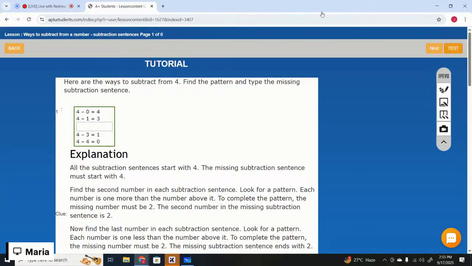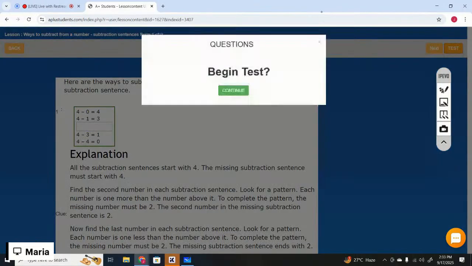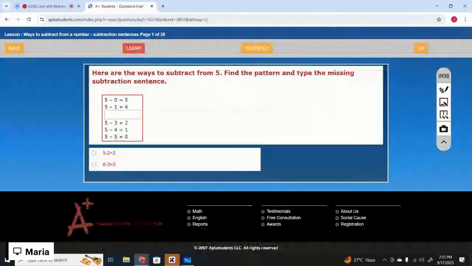Let's just start with the test questions. Here are the ways to subtract from 5.